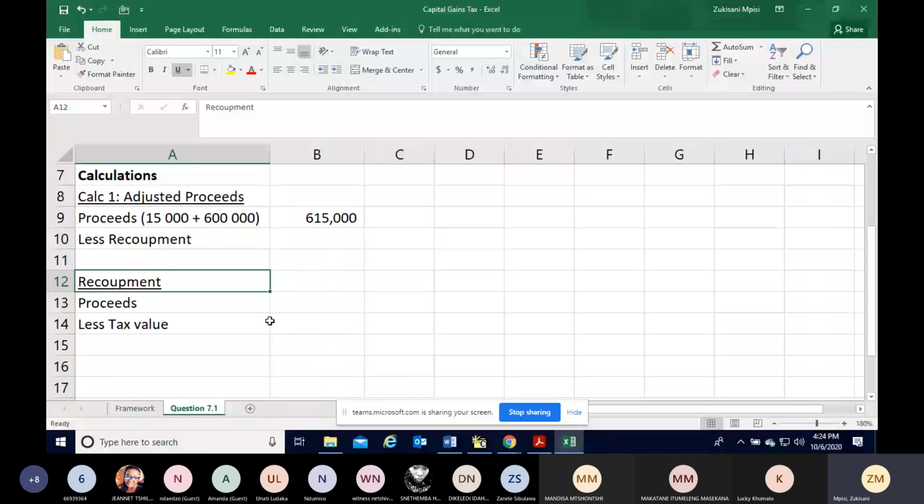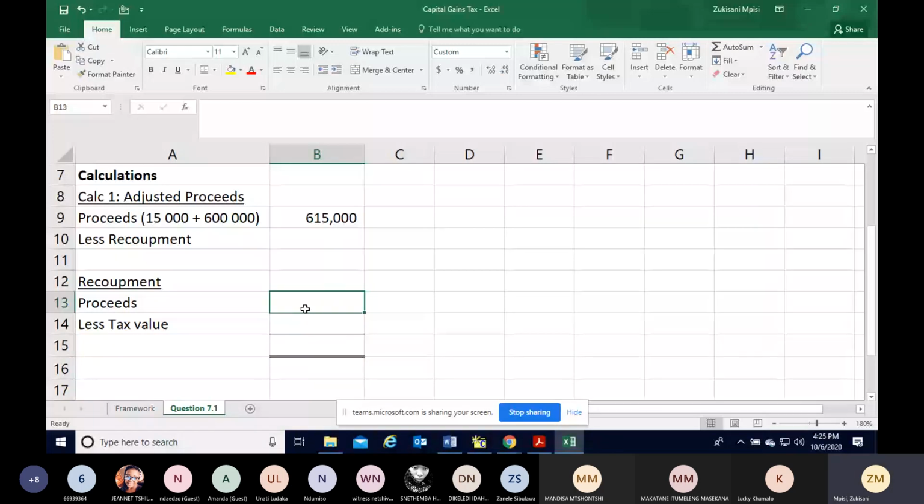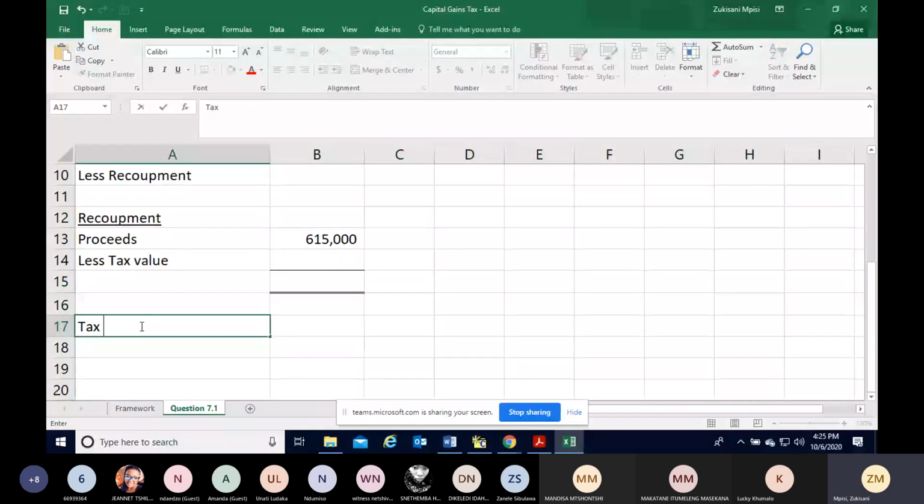So we must get the tax value. Our proceeds, we already know, are 615,000, but we do not have the tax value.